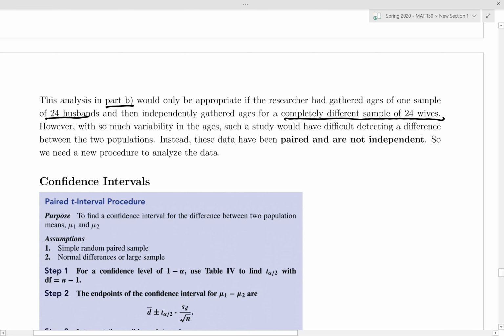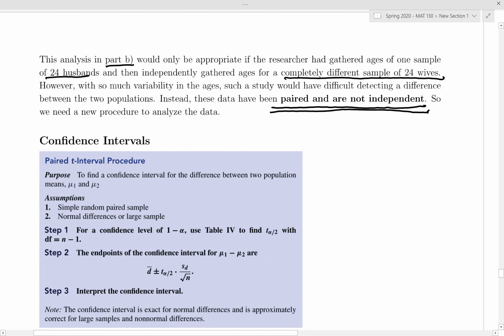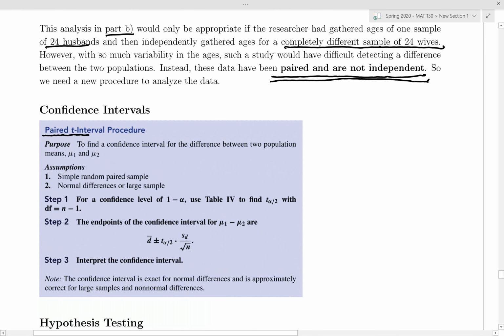And that was not the case here. The data here are paired and not independent. So we need a new procedure to analyze the data, and this new procedure is called the paired t-interval procedure.